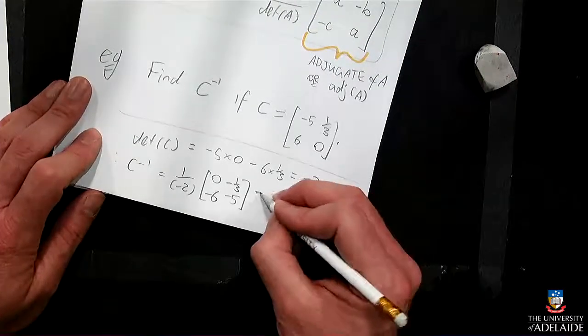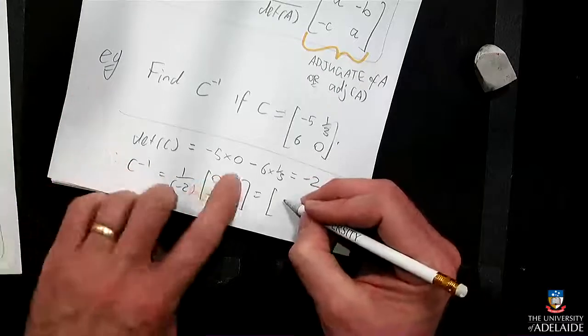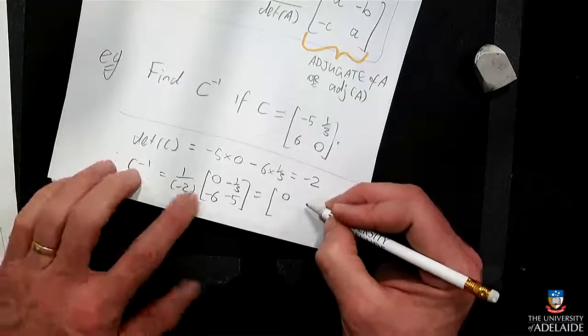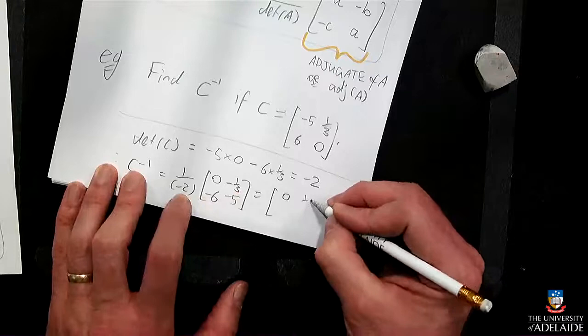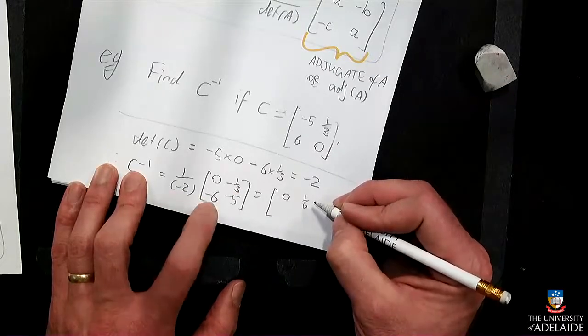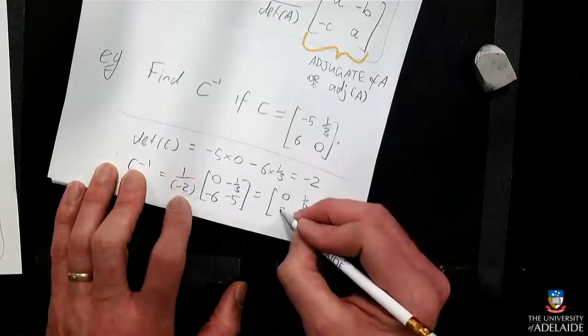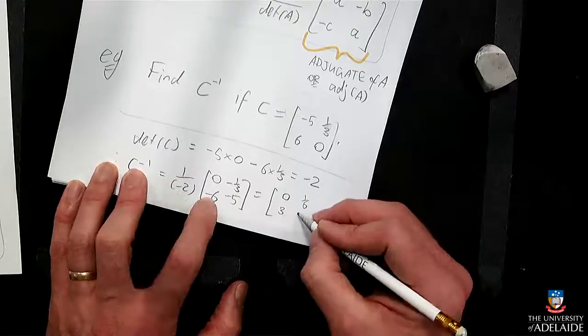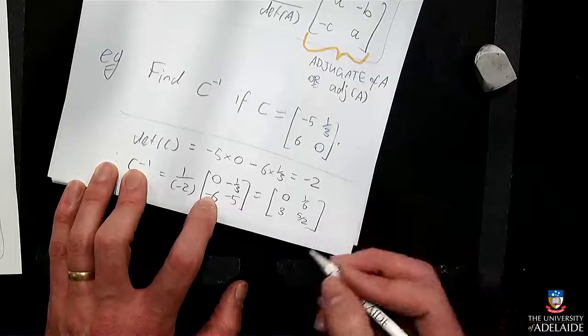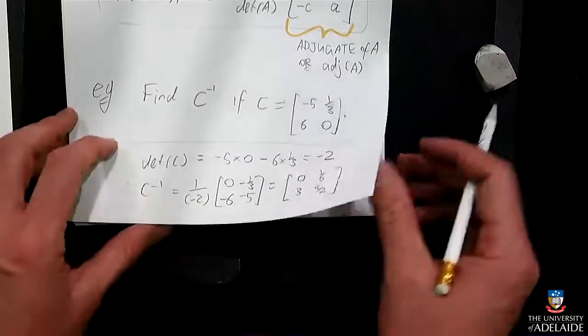And just to be complete, 0 divided by minus 2 is 0. Minus a third divided by minus 2 is plus a sixth. Minus 6 times 1 over minus 2 is 3, and minus 5 times 1 over minus 2 is 5 over 2. Yep, and so that is what the inverse is.